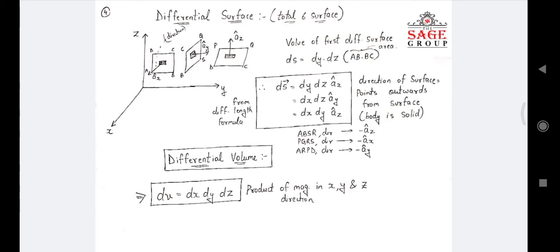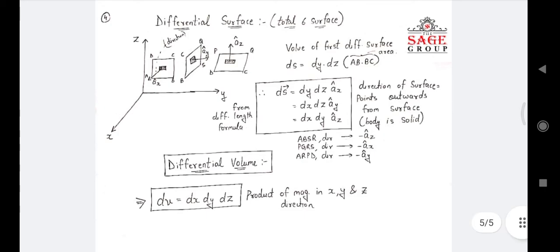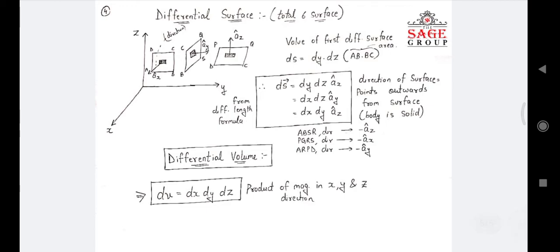To remember this formula there is one trick: whatever you multiply, say y and z, the unit vector will be from the third axis. So for the first, dy into dz, the ax unit vector.